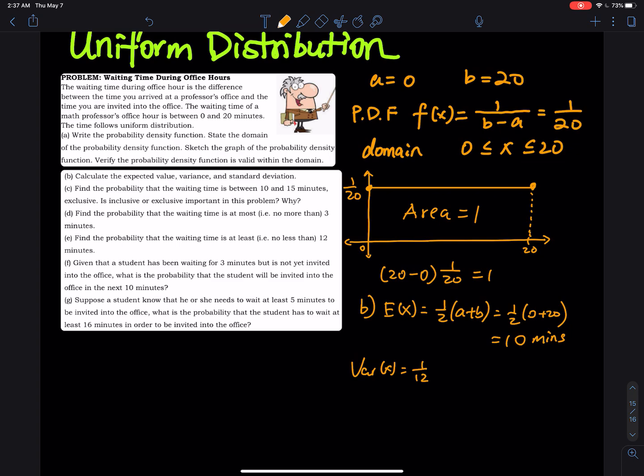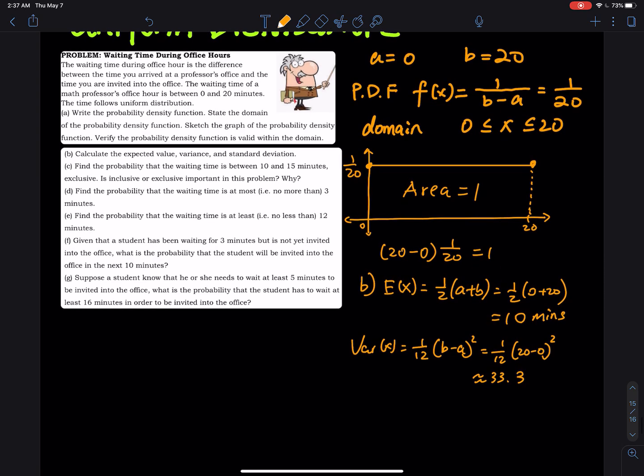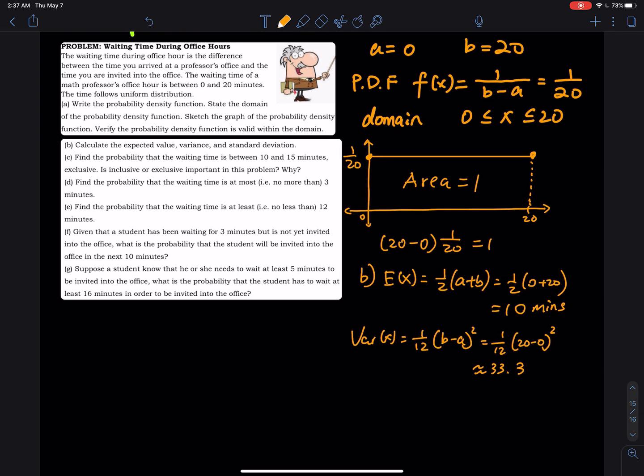This 1 over 12 is always built into the formula. So 1 over 12 times 20 minus 0 squared. So this one is around 33.3. The unit is minutes squared, because the 20 minus 0 you square the difference. That means you square the unit as well. And then the standard deviation is the square root of 33.3, which is 5.77.